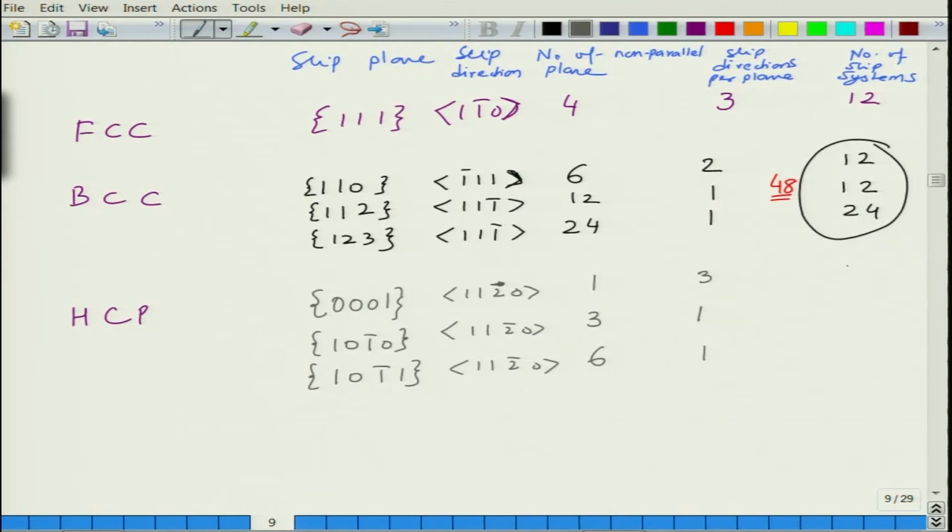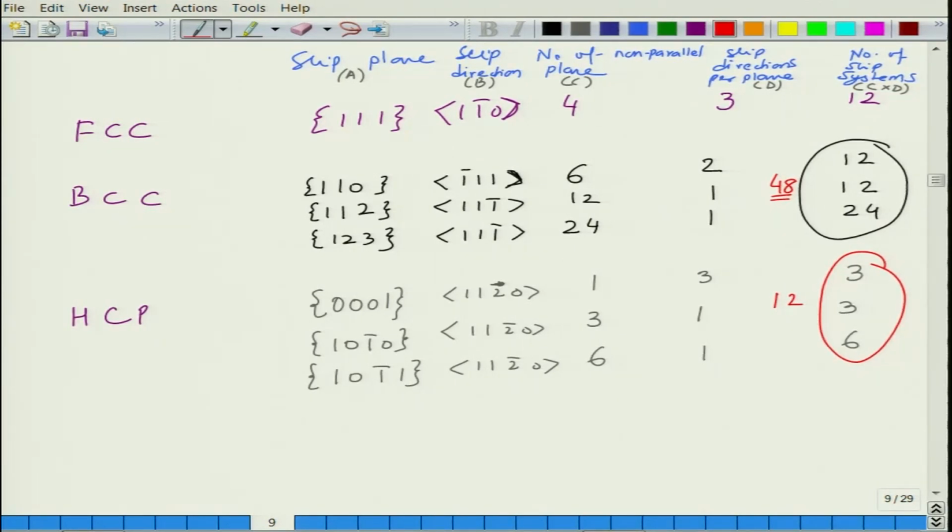So, the number of slip systems is 3, and we can say A, B, C, D, and this would basically be C into D. So, it is 3 and 6. So, this will be a total of 12 slip systems.